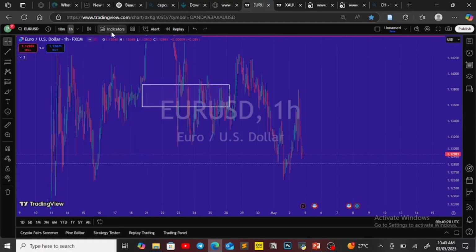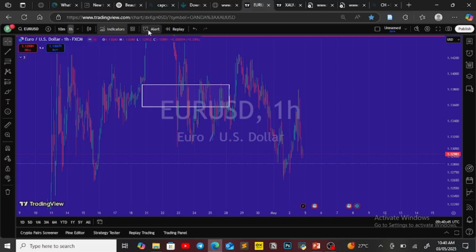So here we have the indicators. There are different indicators like that. If you want to add indicators, you just go here and add the indicators you wish to add to your chart. This is the indicator template.